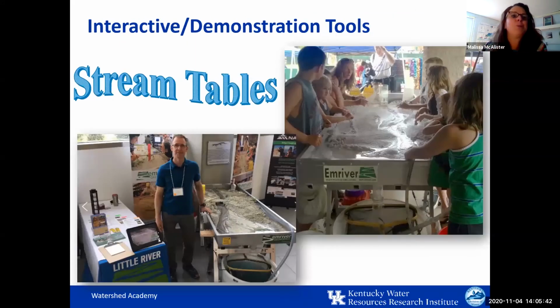So another tool that is helpful is having different types of interactive or demonstration tools. These are really helpful to explain concepts in visual, hands-on ways and attract interest from your target audience. There are some good ones out there, but there's definitely room for the development of more of these options. One was created by the M River Company. It's a stream table, and they have different models, but they all demonstrate the concepts of river or stream flow and related conservation practices.